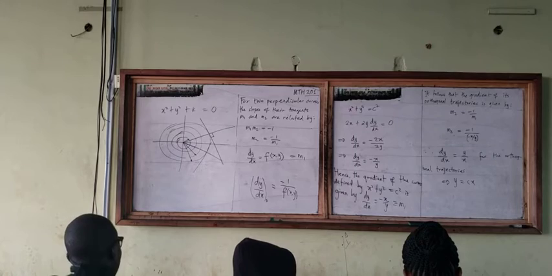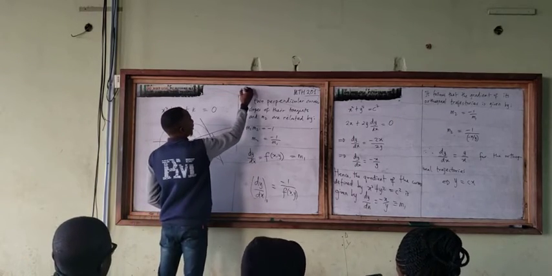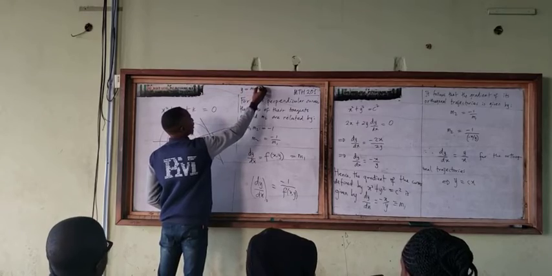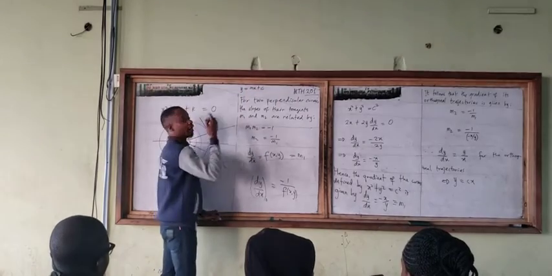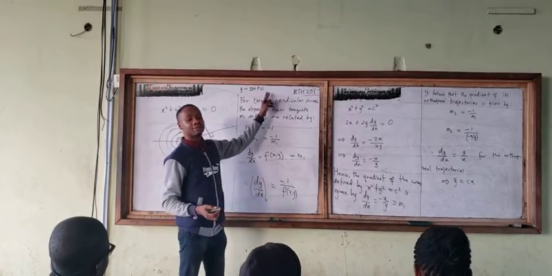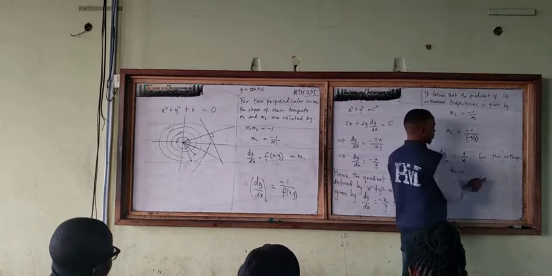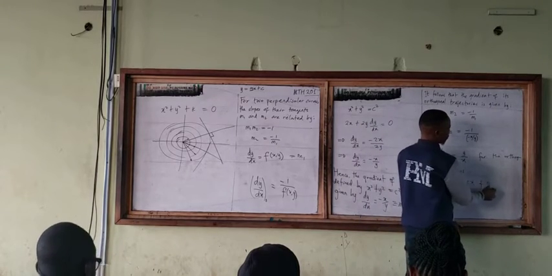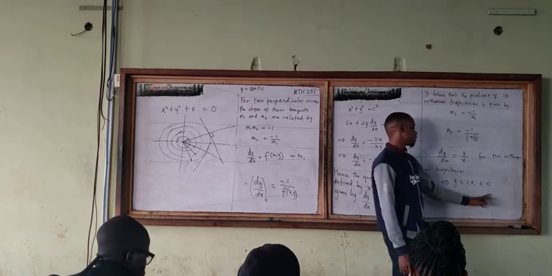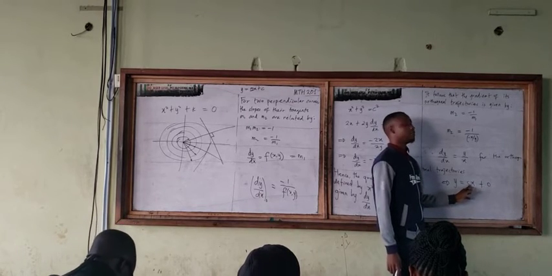Can you remember this equation of a straight line? y is equal to mx plus c, right? m was the gradient, and c was the intercept on the y-axis. You can see that this one does not have any c. So what you have there is Cx plus 0. Is that clear? That means its intercept on the y-axis is 0. And the gradient will be given by this C here.